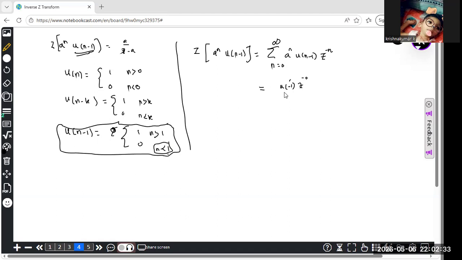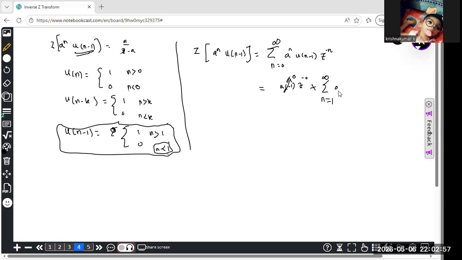So this u of n is equal to 0 when n is equal to 0, so the first term will be equal to 0. So what I want to say here is that the summation starts from n equal to 1 to infinity, which is the valid one, because when n is equal to 0, the function is 0. So that's why.